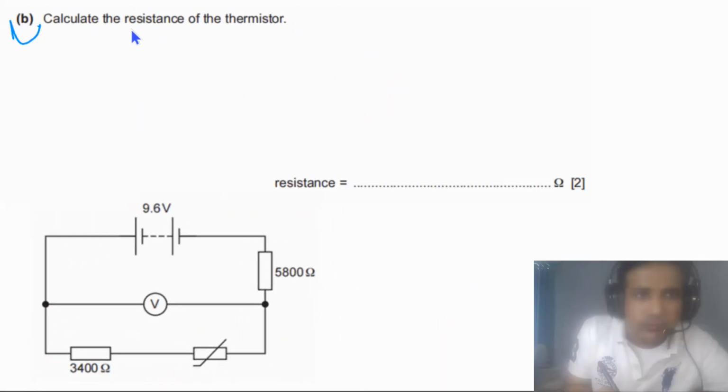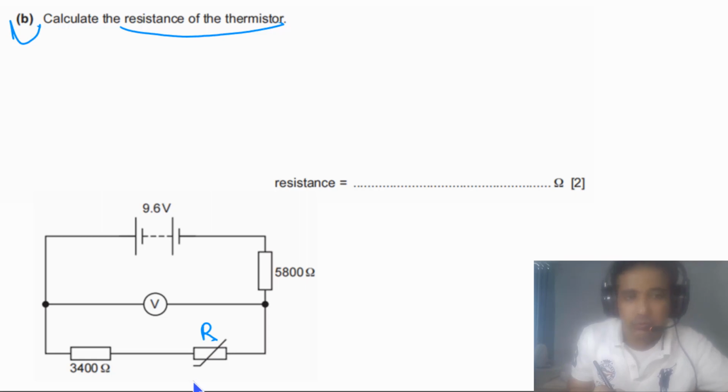For part B, we need to calculate the resistance of the thermistor. Imagine that the resistance of this resistor is equal to capital R. And in the previous question, in part A, we have already calculated the amount of current coming from the battery, I1. And the value of I1 was equal to 6.2 times 10 to minus 4 amps.